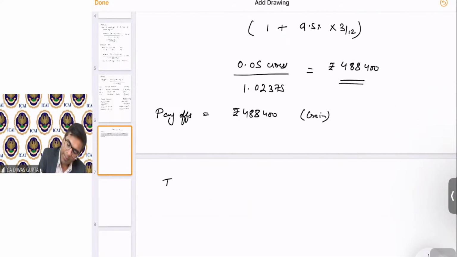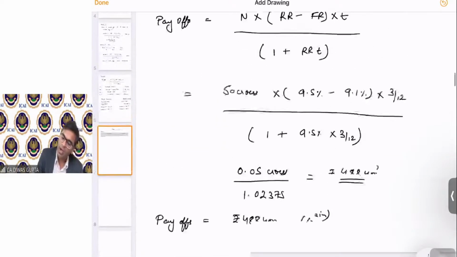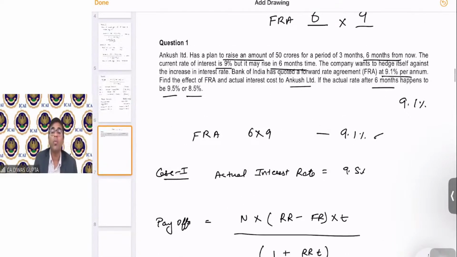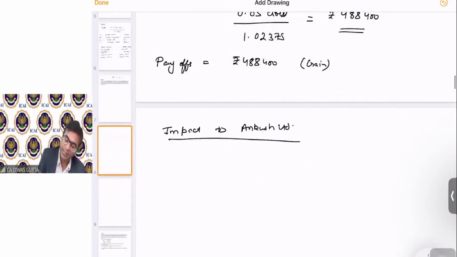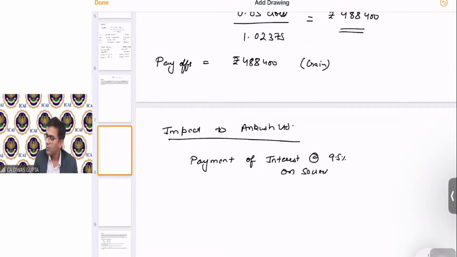Now, let's say the impact to Ankush Limited. After 6 months, when it is actually going to borrow, it will end up paying 9.5%, payment of interest at the rate of 9.5 percentage on 50 crores, for 3 months.